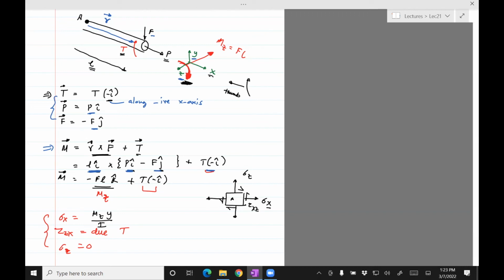Because the shaft will be sort of convex. Otherwise, it would look like an inverted U. It will be this way due to this moment. That's why it will be positive stress for the top part, tension.